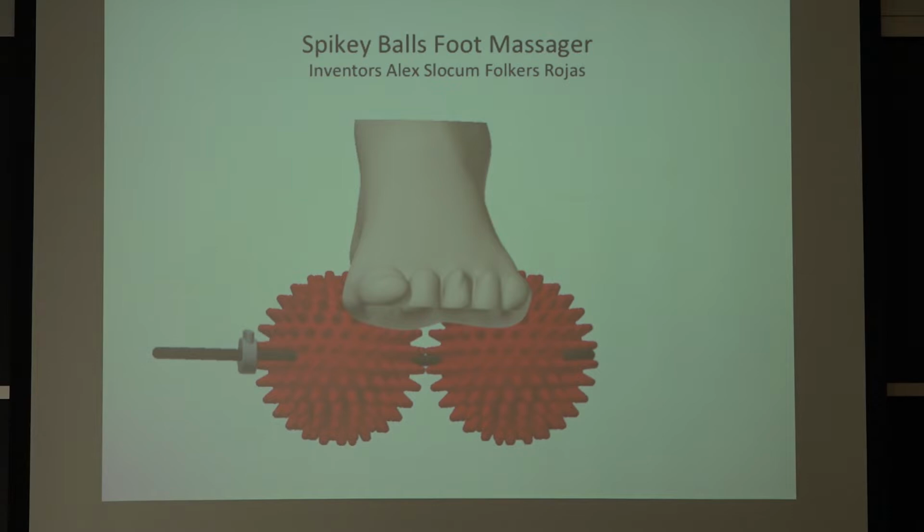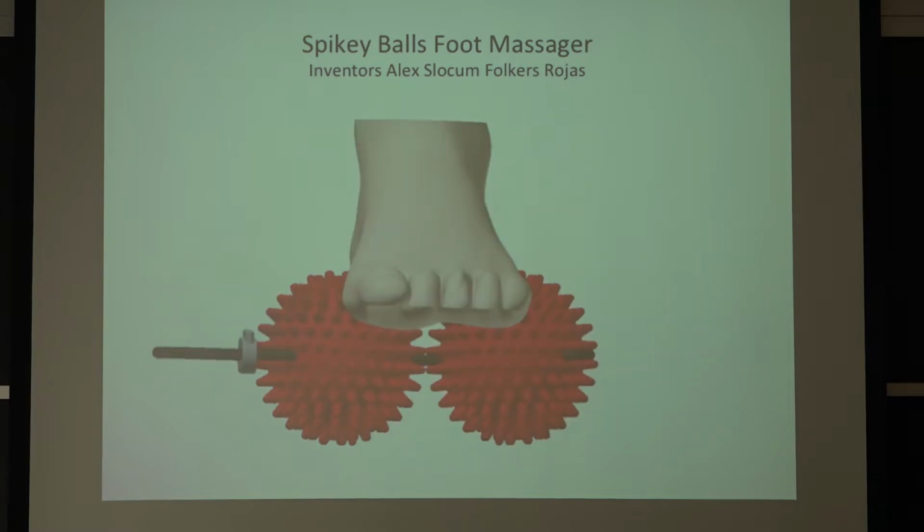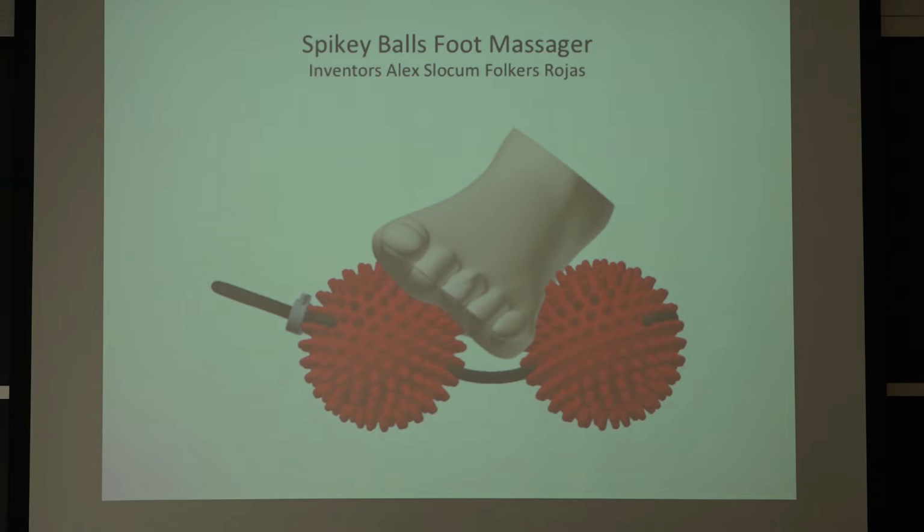The old saying is, a picture is worth 1,000 words. Any patent examiner can look at this and eliminate any doubt as to what the applicant is attempting to patent. Here's another example showing how it's used. In the first example, it shows the two spiky balls and the cord that connects the two, one diameter apart.